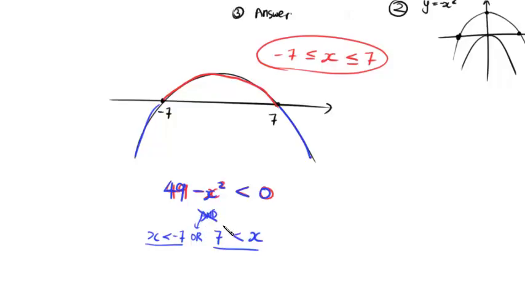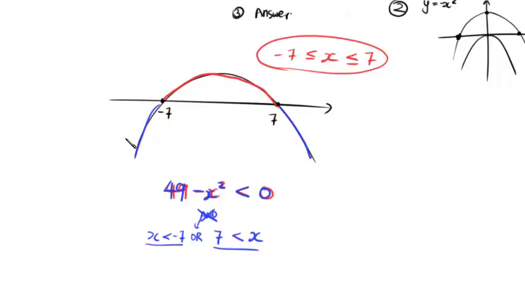The reason is, can some value be greater than 7 and less than -7 at the same time? Let me repeat that. Can x be greater than 7 and less than -7 at the same time?